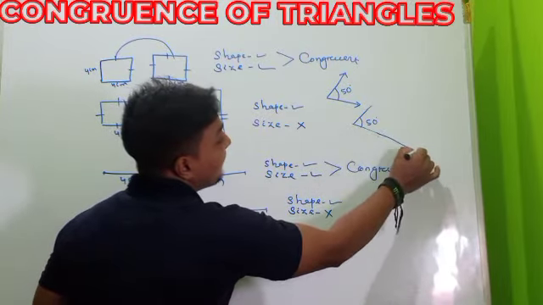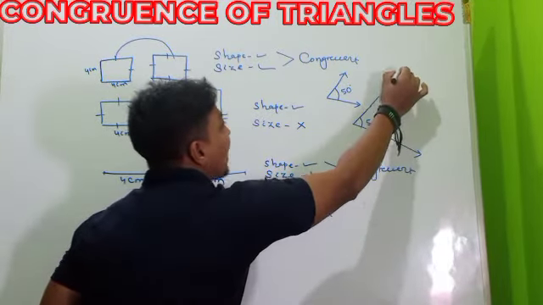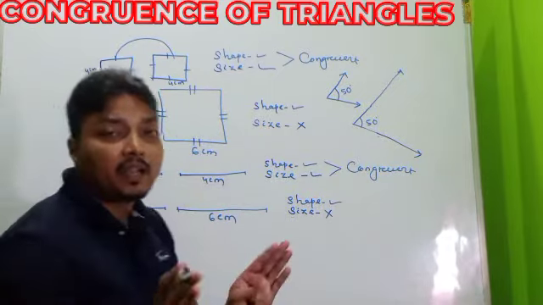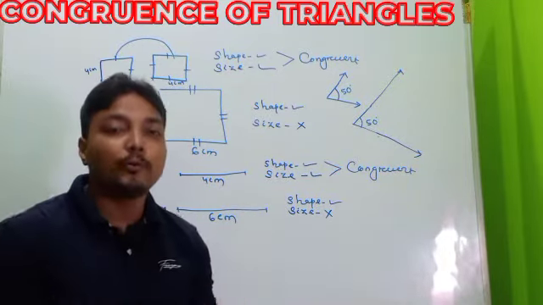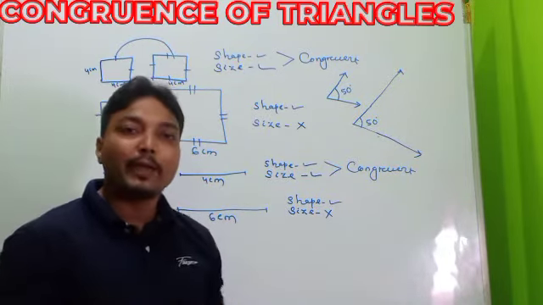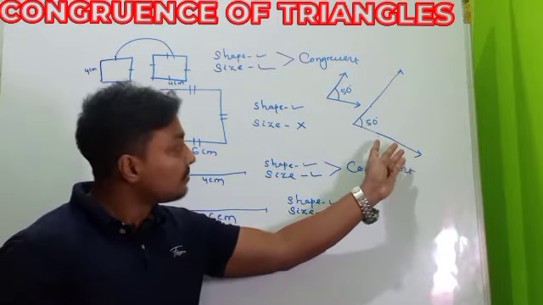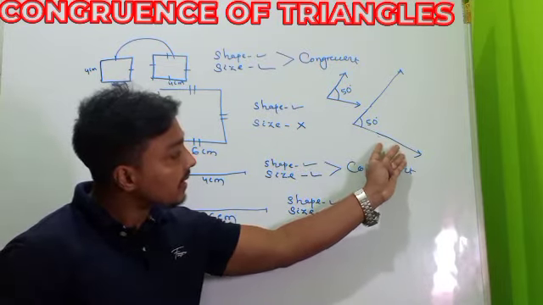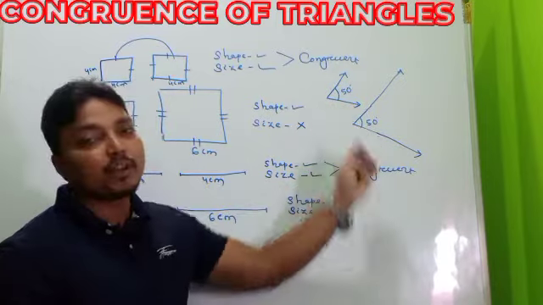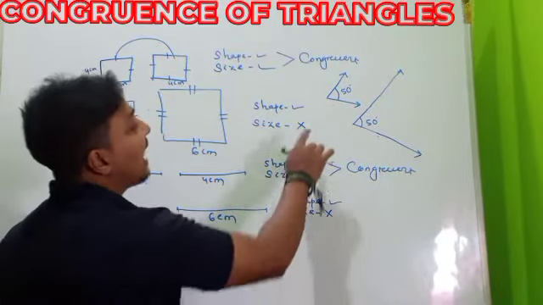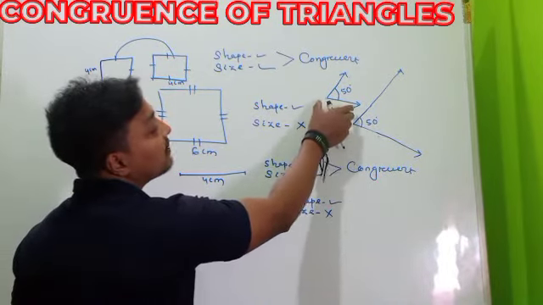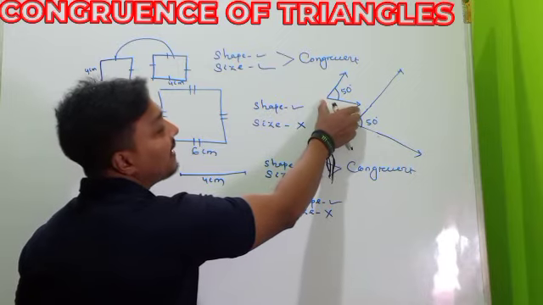If I extend this arm, it does not mean that both are not congruent. Actually both are congruent, because you should not feel that, sir, this one is the largest arm and this one is the smallest arm. Actually this arm is a ray. It does not mean that it has some definite length.